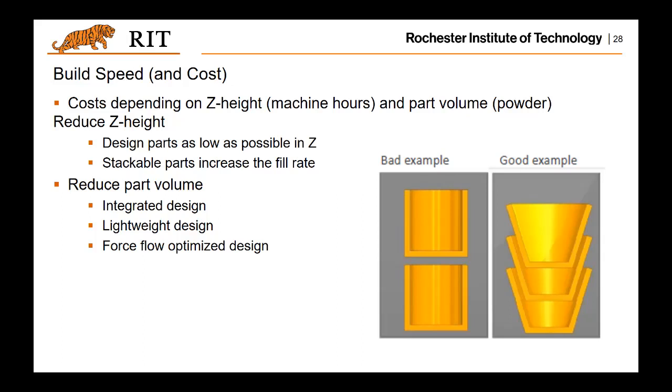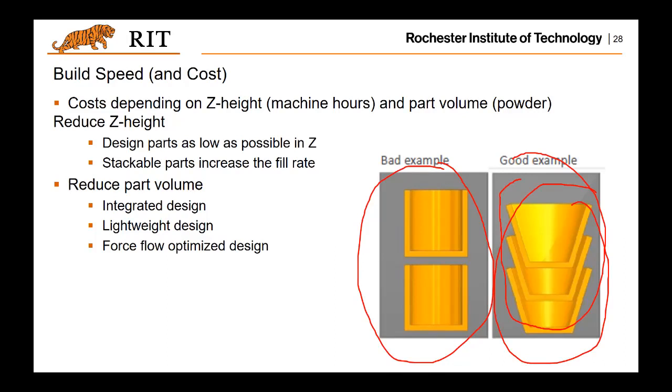And the stackable part will increase the fill rate, right? So for example, if you have such a design versus this one, and if you want to build them using selective laser sintering, of course this one will be better because it's stackable, right?